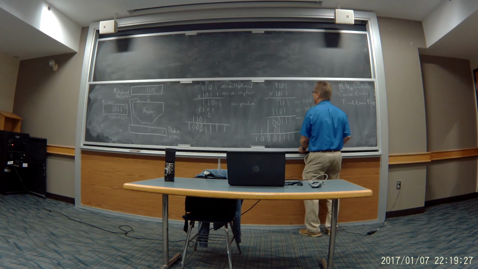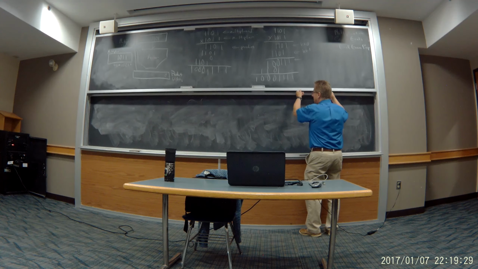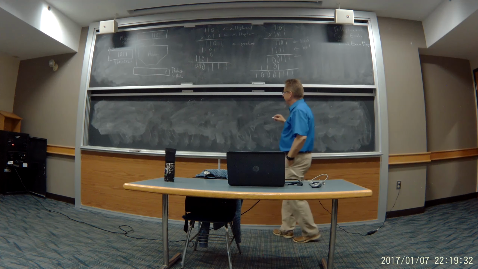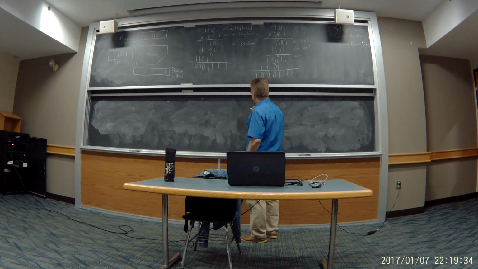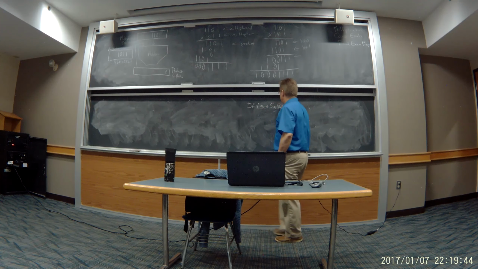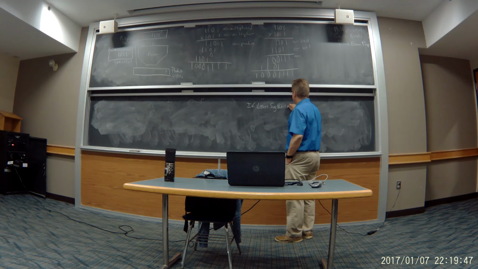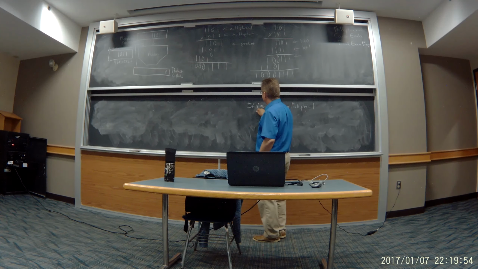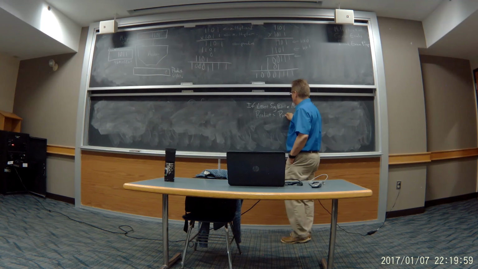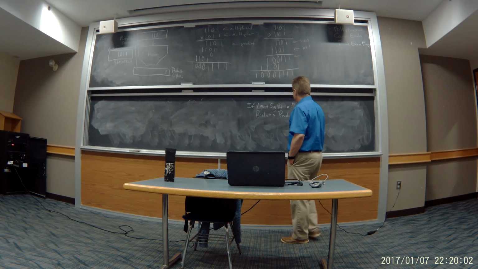Our basic workflow is going to be that if the least significant bit in the multiplier is equal to 1, then we'll take whatever's in the product register and add to it whatever's in the multiplicand.